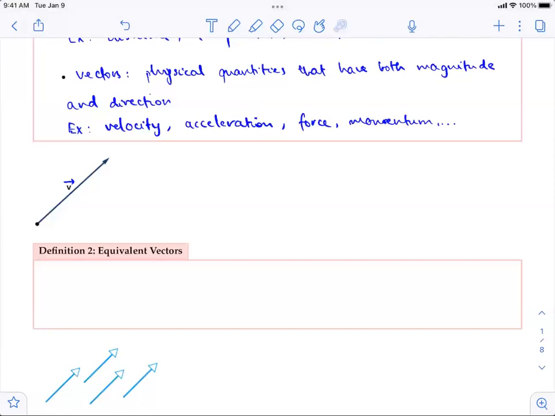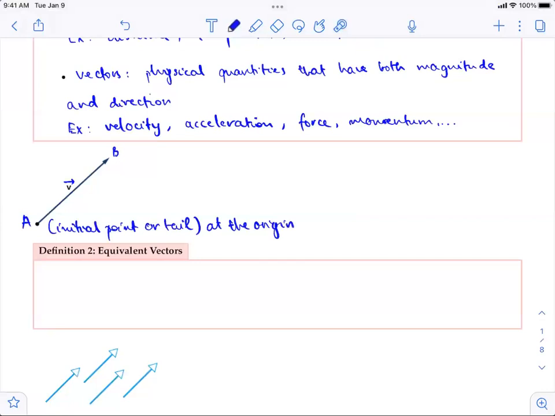And the vector consists of 2 points. This is point A and this is point B. Point A is called the initial point, or the tail. Usually by convention, the initial point starts at the origin, but not always. It's easier to consider a vector when the initial point starts at the origin.